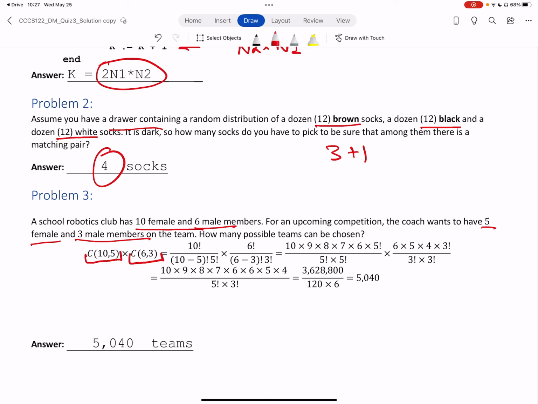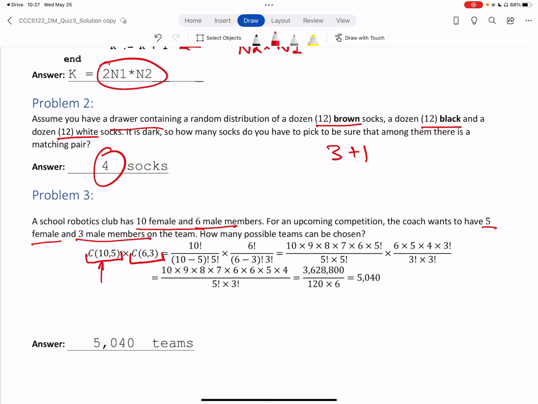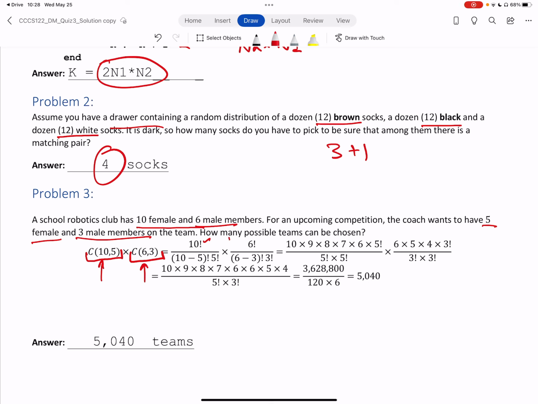Okay, so the first one is 10 factorial divided by (10 minus 5) factorial times 5 factorial. The second term is 6 factorial divided by (6 minus 3) factorial times 3 factorial. Simplify that a little bit: we can expand the 10 factorial into 10 times 9 times 8 times 7 times 6 times 5 factorial, which we only expand up to 5 factorial because we want to cancel it with one of these 5 factorials.